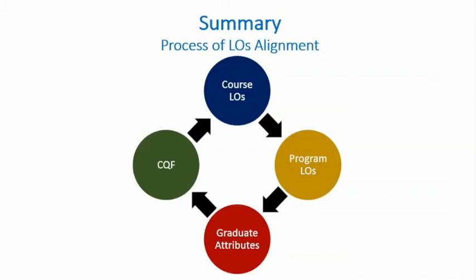For example, the course teacher or coordinator needs to understand about program outcomes, university graduate attributes, and national qualifications framework to enable them to write his or her course to meet the program outcomes, university graduate attributes, and national qualifications framework.